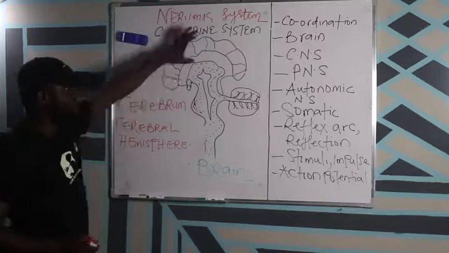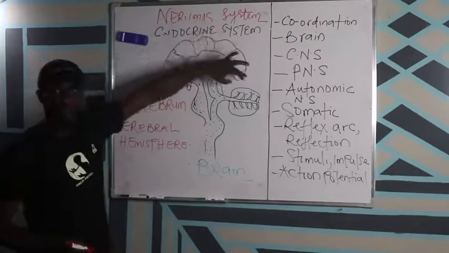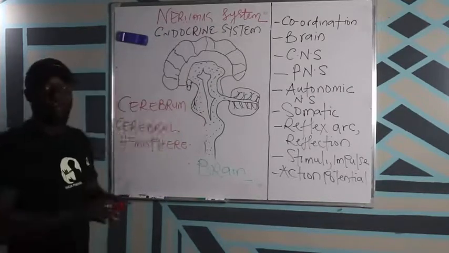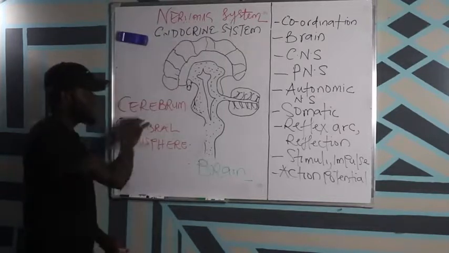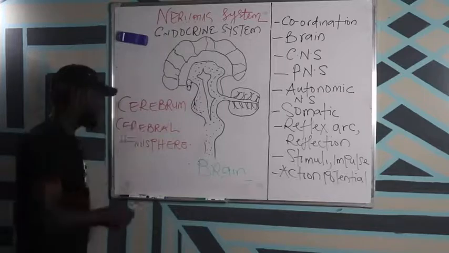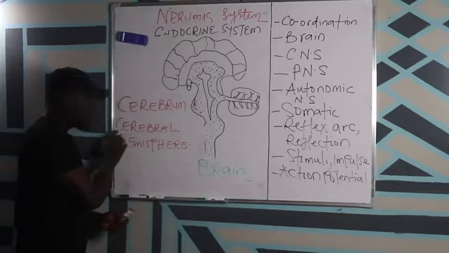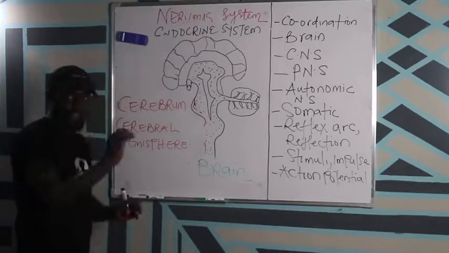All the parts from the forebrain to the hindbrain comprise the cerebrum, which is divided into two halves. The cerebrum is divided into two halves that are called the cerebral hemispheres.